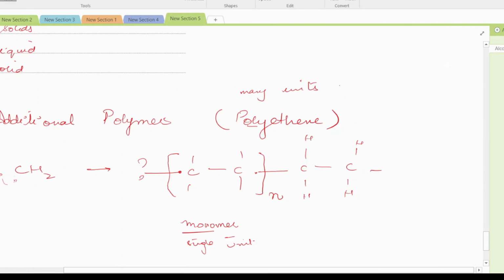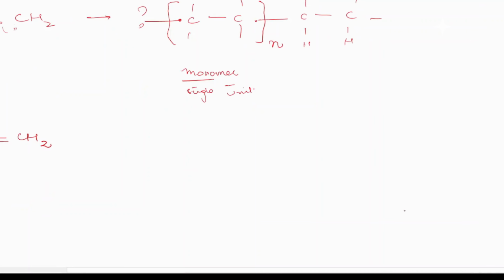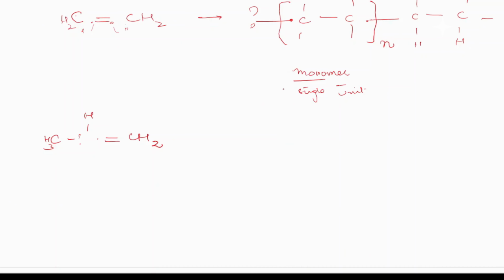Now you have to show the repeating units. Wait, propene. I want you to make a monomer. What change would be there in the monomer? Okay, make it. Now I want to see how you are going to make it.